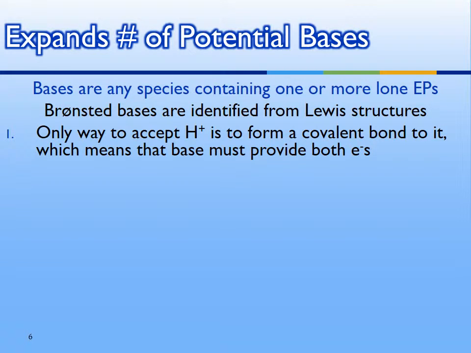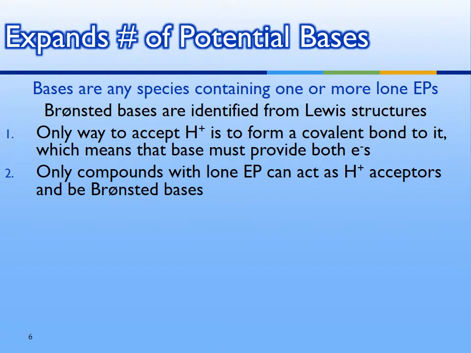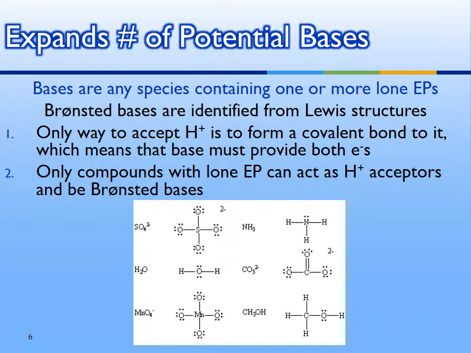Because the only way to accept a proton is to form a coordinate covalent bond to it, which means that the base must provide both electrons, and it can do so through an electron pair. So all of these substances can be Bronsted bases, because they all have lone pairs.